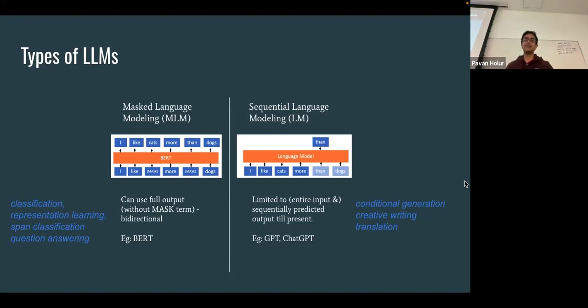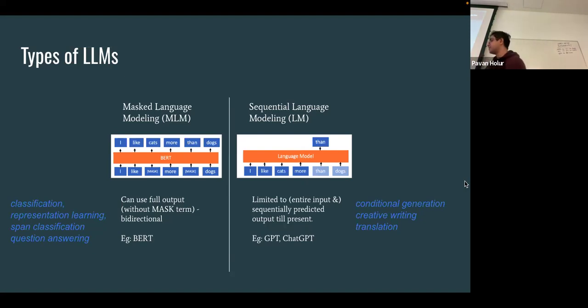In this example, "I like cats more" was the input, and the sequential language model was asked to generate the next token, and it predicted "than". That token "than" is then added to the input of the model, and the model then generates the next token, which in this case turned out to be "dogs".